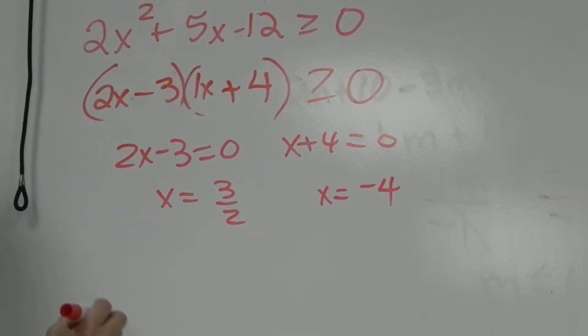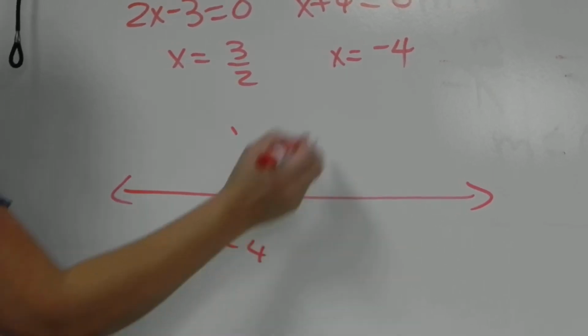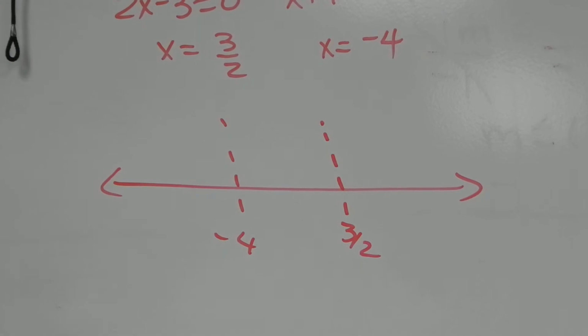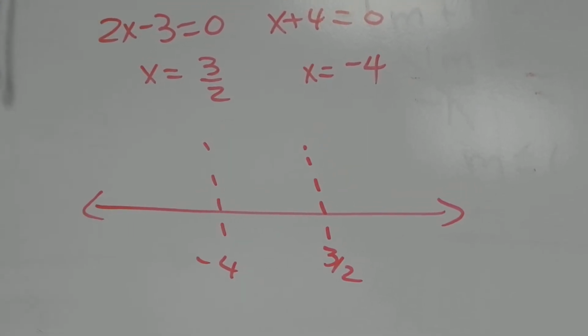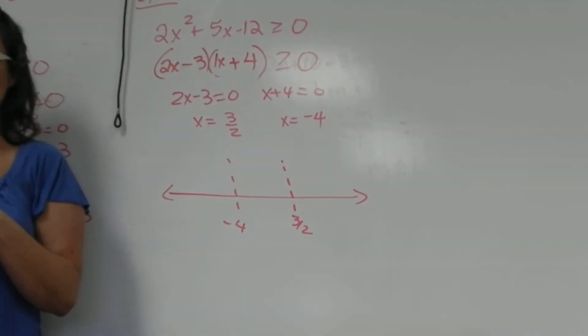And like the last one, remember that only gives us our boundary lines to cut the number line into pieces, 3 regions in this case, and then we'll check to see which regions work. Now, here's my strategy. I always check the 0, because it's the easiest one to check.